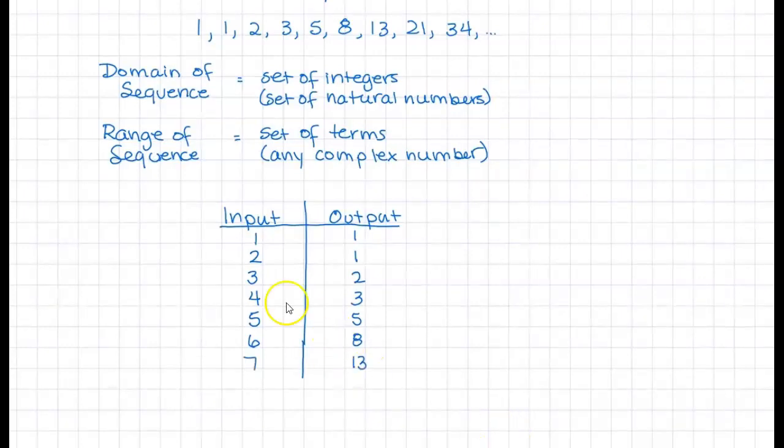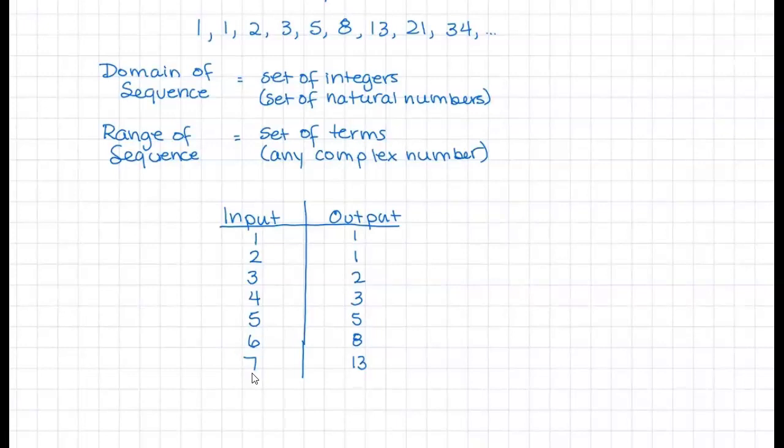So the input, you can see, in this case, it's the natural numbers. Natural numbers start at 1 and just go up by 1: 1, 2, 3, 4, 5, 6, 7. It's the numbers you naturally learned to start counting with. That's why we call them the natural numbers.